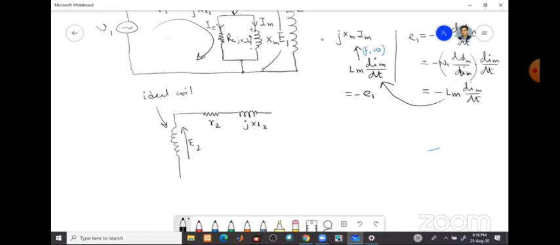We have already discussed these terms. In the secondary, we considered the load current I2. Whenever this I2 current flows, we can expect some voltage drop, that is I2R2 and jI2XL2.